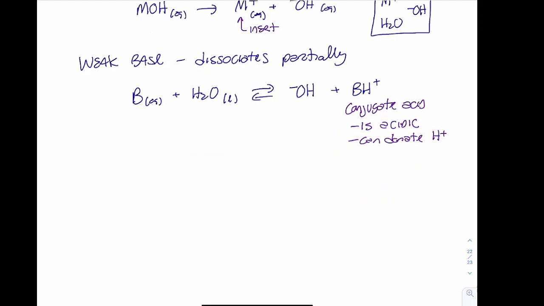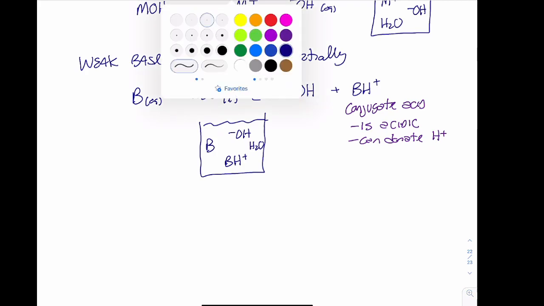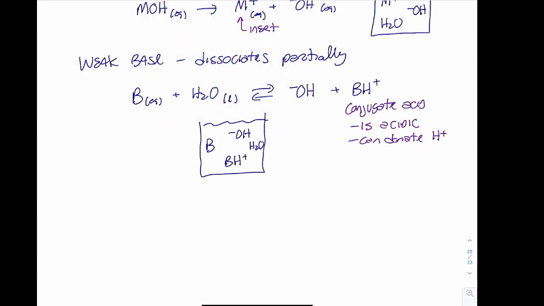If we were to do our beaker drawing for our weak base, I do have my hydroxide ions, I do have my conjugate acid, plus I have my base, and then we could throw some water in there. And then just like we did with our weak acids, our products do exist in a small amount, usually around 5% again. So we can write equilibrium constant expressions for these.